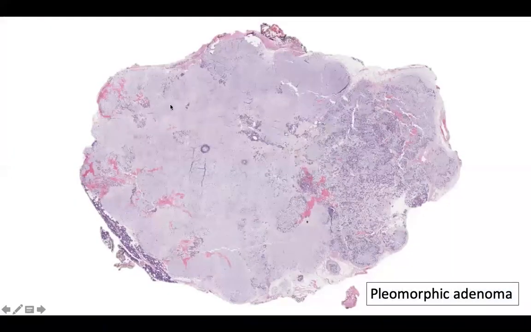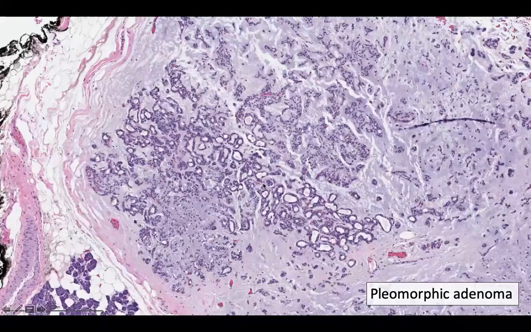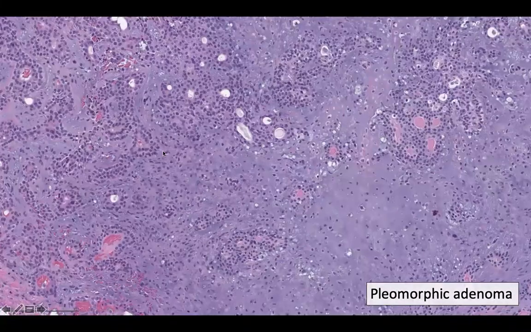And this is what it looks like on histology. So very chondromyxoid background. This is one that's very rich in stroma. Go to higher power, we see that we have ducts here, and then we also have cells lining the ducts and cells that are just sort of embedded within the stroma here. And then in other areas, again, we see that it looks like it's biphasic, right?